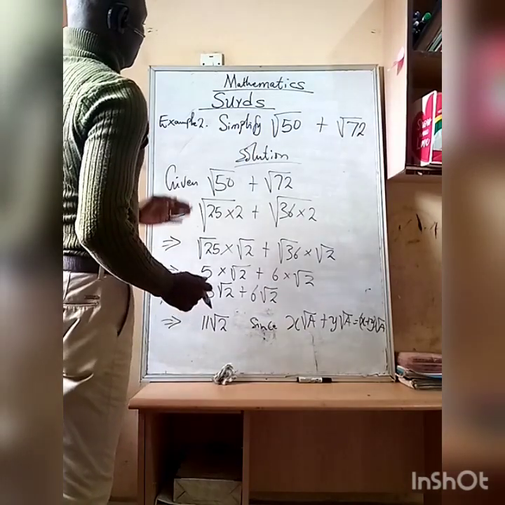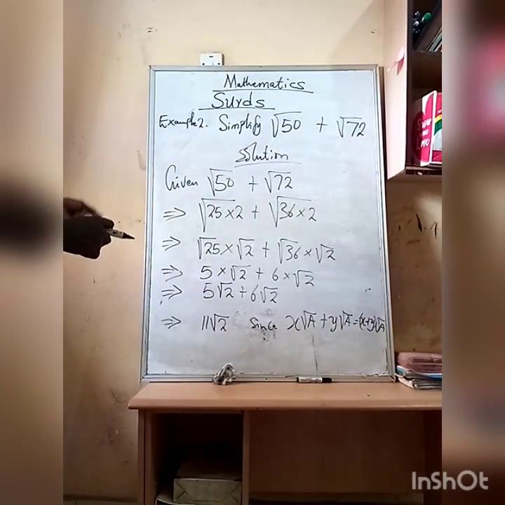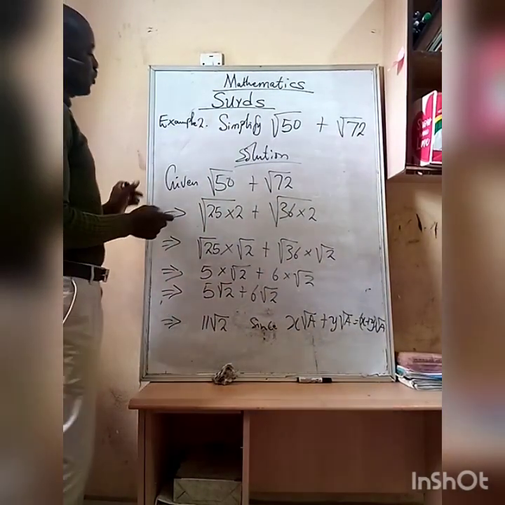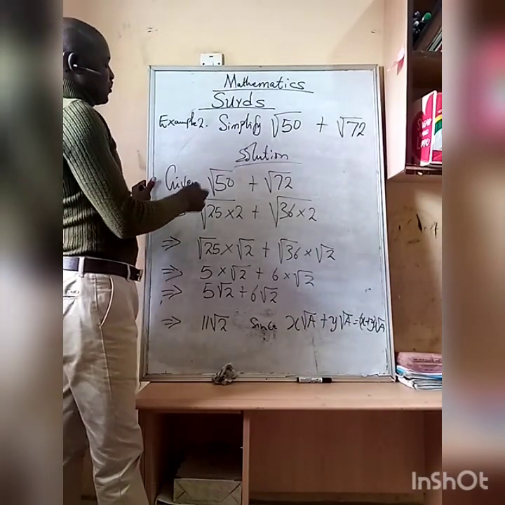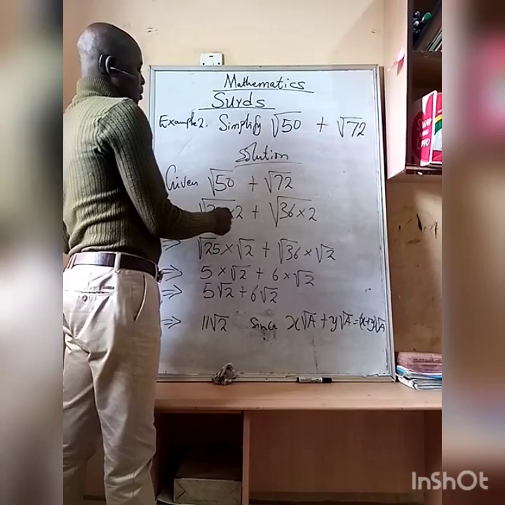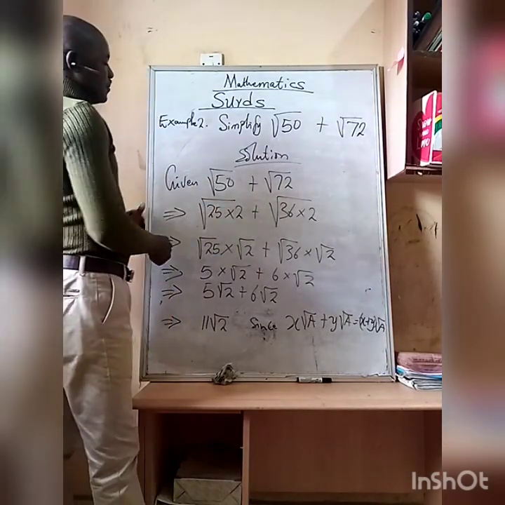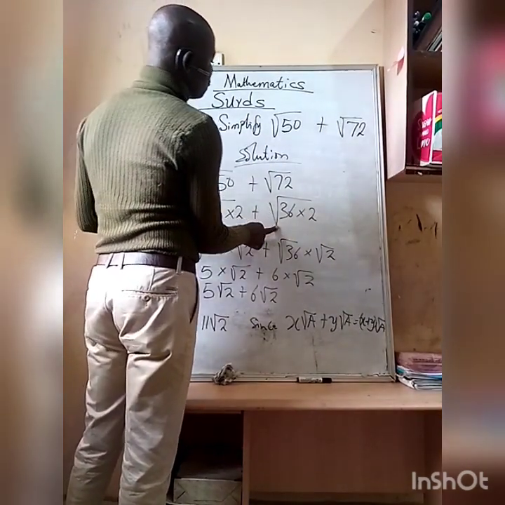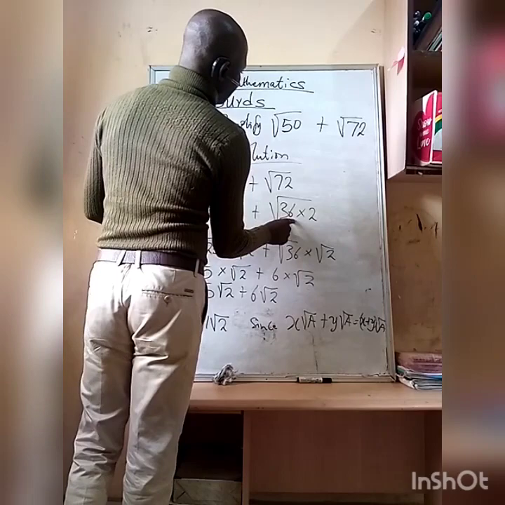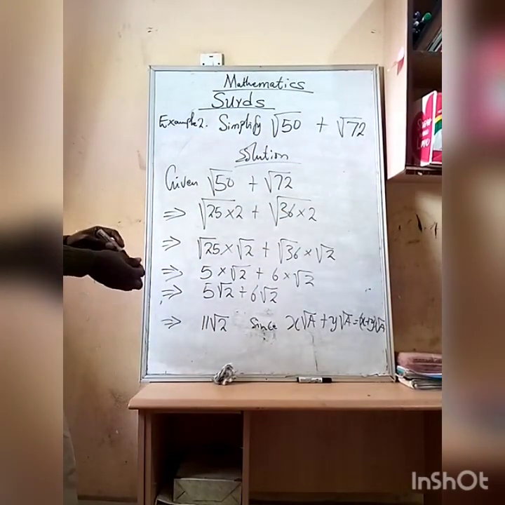The first thing we are going to do is to simplify root 50, and we express it as 25 times 2, 25 being a perfect square and 2 being an imperfect square. We do the same thing for 72, 36 being a perfect square and 2 also not being a perfect square.